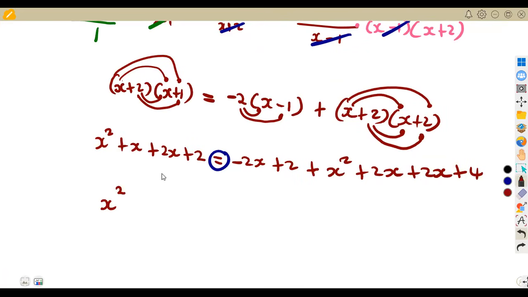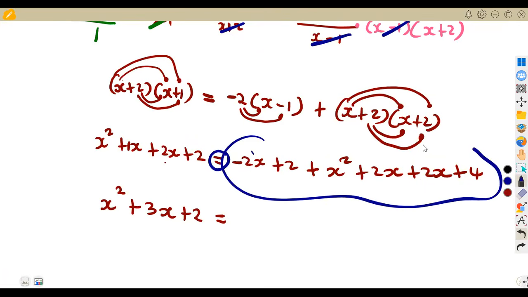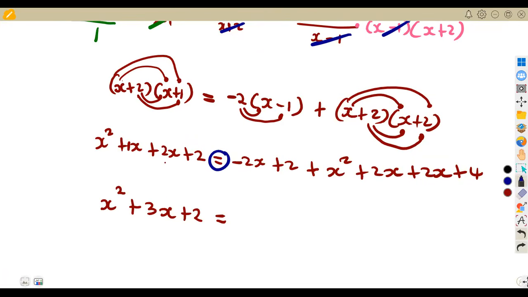So let's consider what is on the left-hand side. We are going to be left with x squared. This is 1x plus 2x, which is going to give us 3x plus 2, all right. This is equal to, you consider what is on the right-hand side now. We have got x squared. So let us just consider the part of x so that we do not make mistakes.